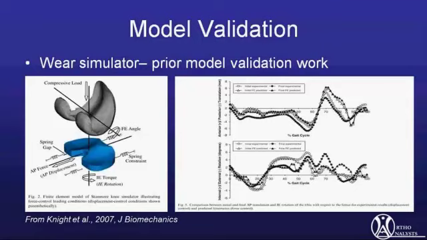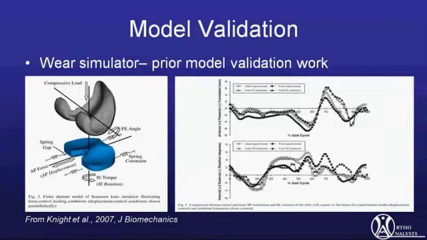There's a compressive load, a flexion angle, an IE torque, and an AP force. And you can see also the springs, anterior and posterior springs that are representative of the physical constraint in the knee simulator.